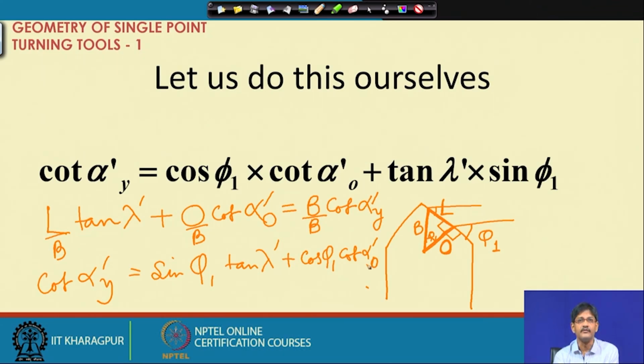In the next lecture, when we are going to discuss different types of tools, we will look at these tools in the light of the different angles that they bear on their different faces.